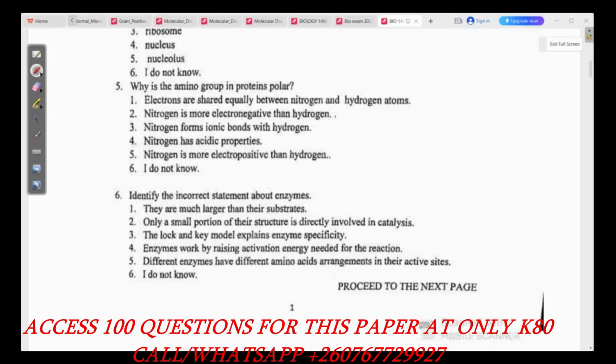Question 5. Why are the amino acids in proteins polar? First of all, we have to understand what polar is. Polar is an unequal distribution of electrons. If you have two atoms making a compound, here you have nitrogen and oxygen.